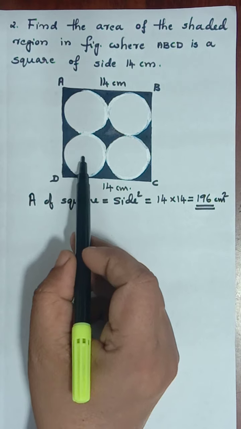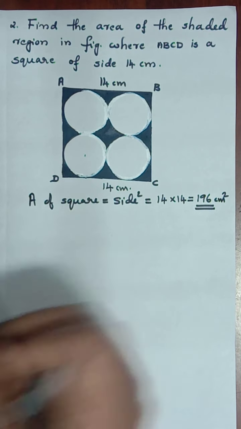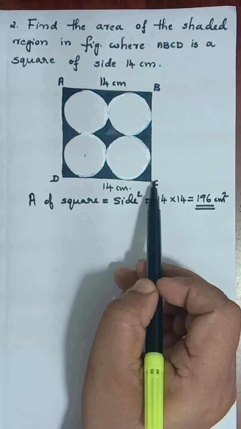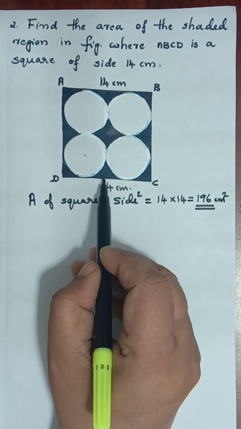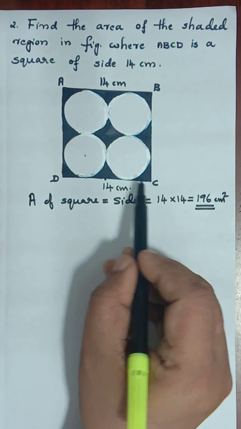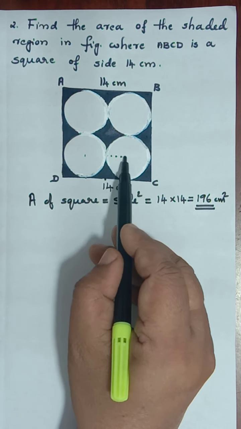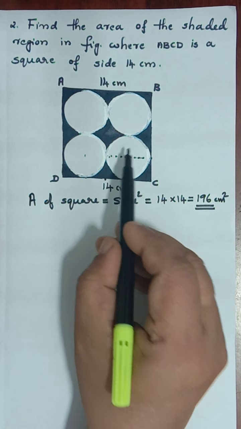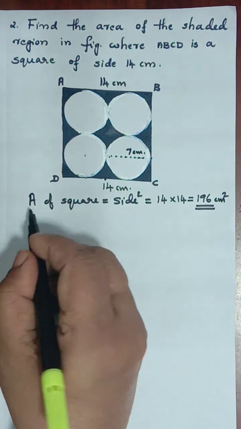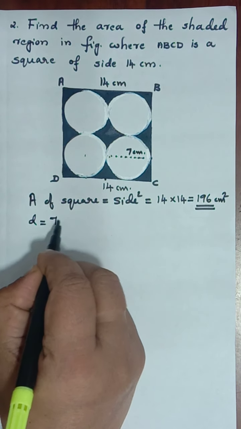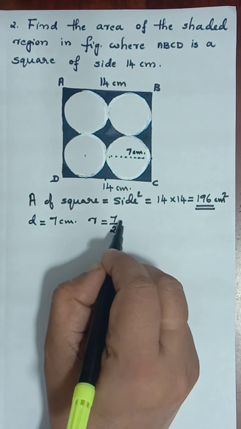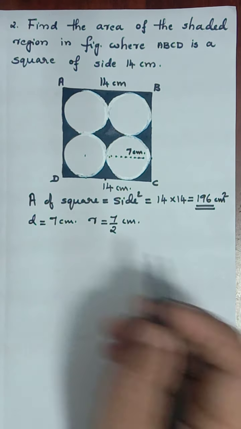Now in order to get the area of the circle, we have to know the radius. How do we know? This is 14 centimeters, CD, one side. Half of it will be 7, isn't it? That will be the diameter actually. This will be 7 centimeter. Diameter equal to 7 centimeter. Therefore, radius equal to 7 by 2 centimeter.